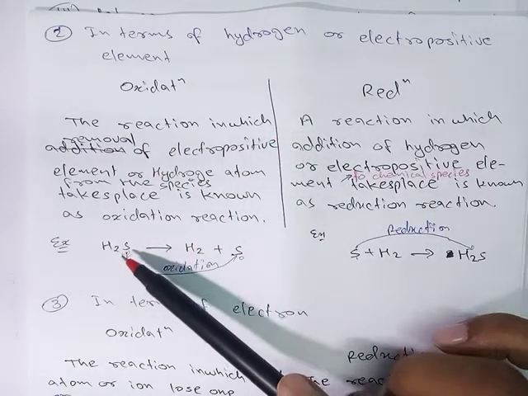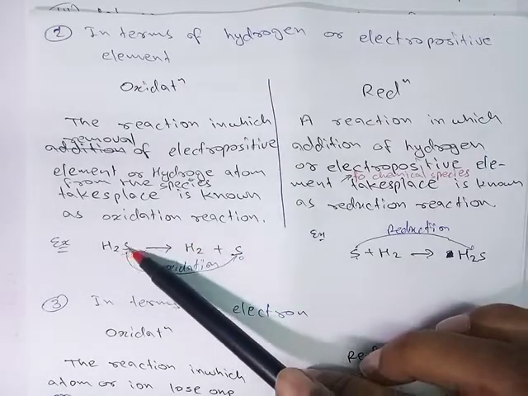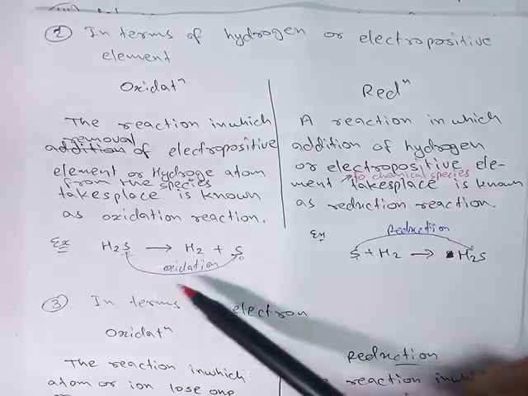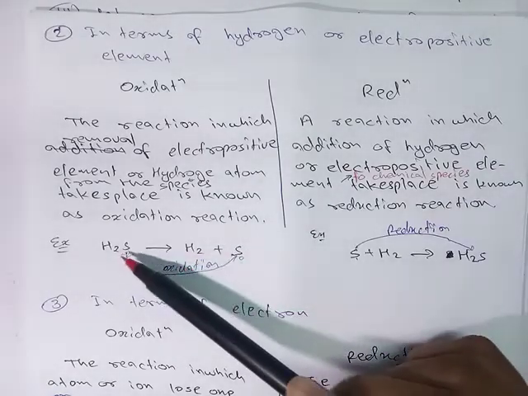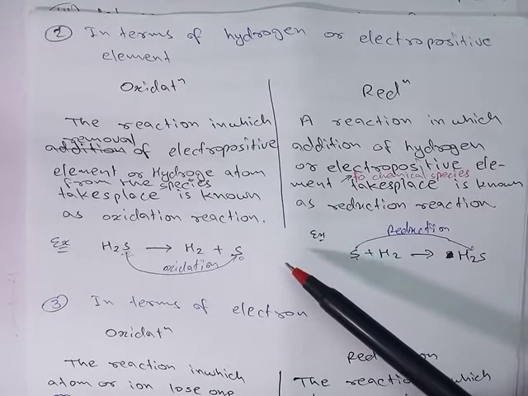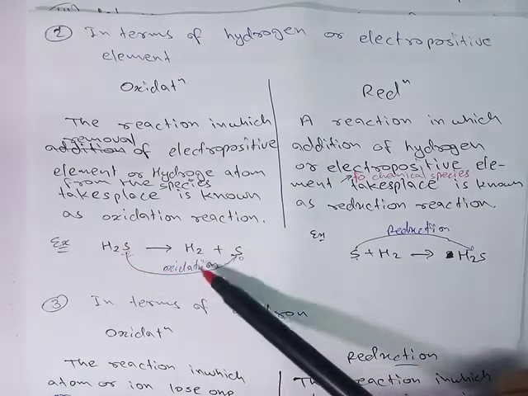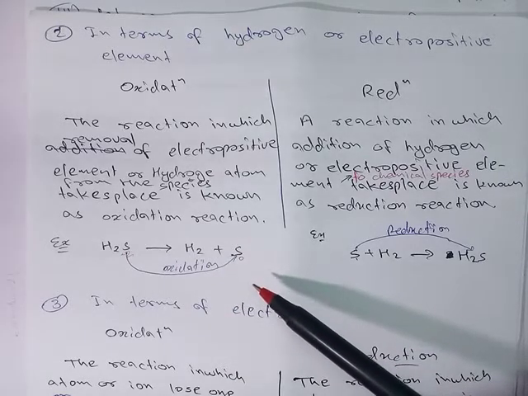So here the oxidation number increases, meaning sulfur -2 converts into sulfur 0. The conversion of -2 to 0 takes place by removal of the hydrogen atom. So we can say the conversion of H2S into H2 and S is an example of an oxidation reaction.